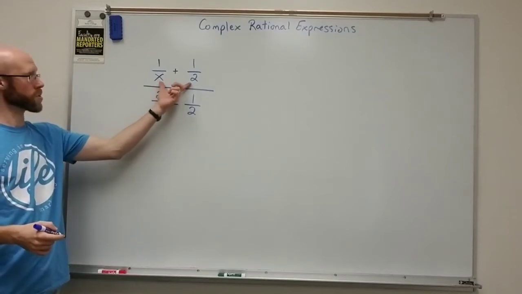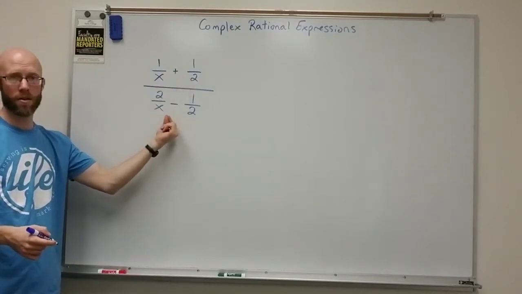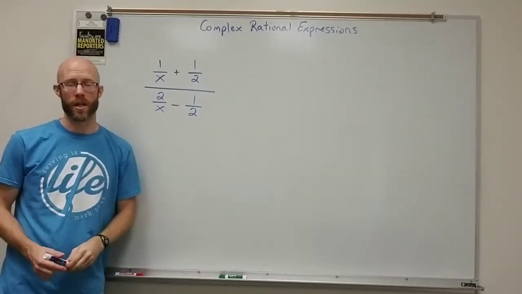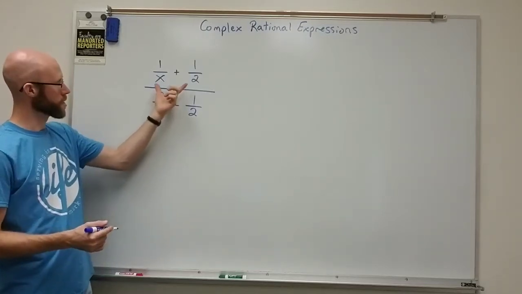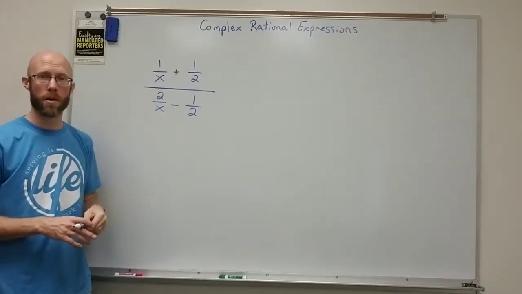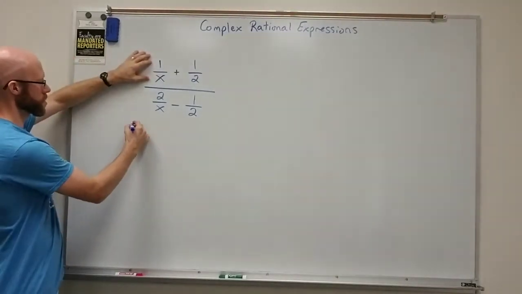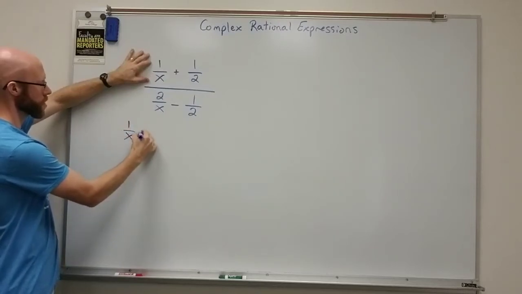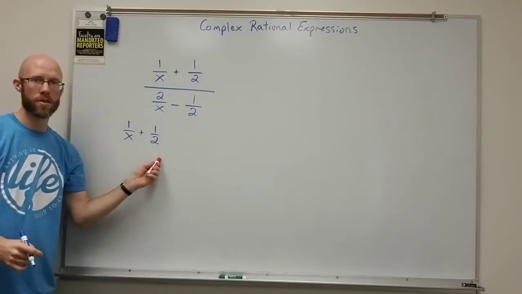What I'm going to need to do is add first on the numerator and do the subtraction on the denominator, using common denominators to get those together. And so the first thing I would do is take these off to the side and work them out, just so it's a little bit more clear what's going on. If I take that first combination, the numerator, 1/x plus 1/2, the LCD there is 2x.